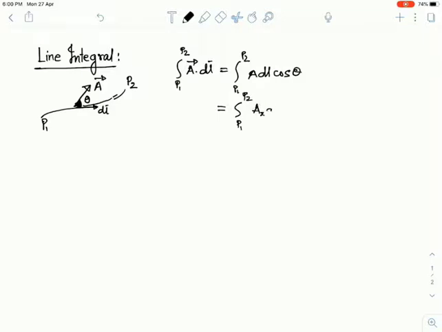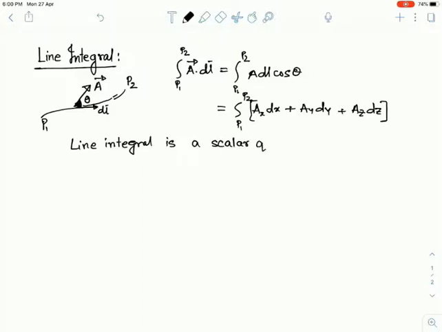And in Cartesian coordinates, integration P1 to P2 of Ax dx plus Ay dy plus Az dz. It is the most common form of the line integral, and you see this result gives us a scalar quantity.